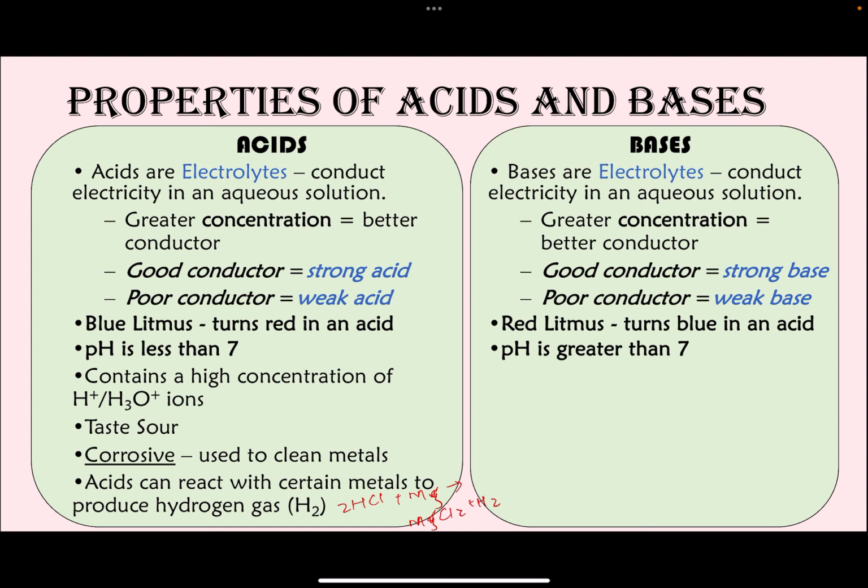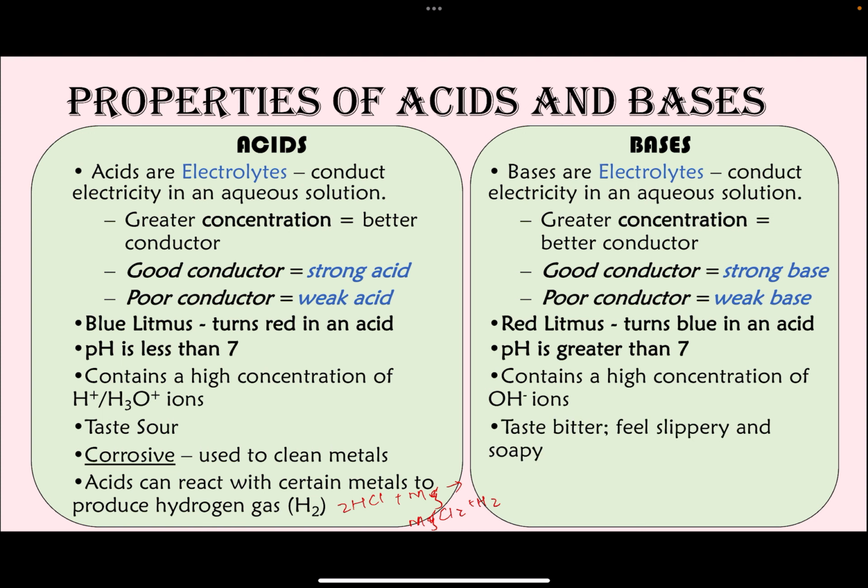Because the pH is greater than 7, they have very low concentrations of hydronium and instead they have high concentrations of hydroxide. Bases taste bitter and feel slippery or soapy, and bases are very caustic, meaning they can dissolve the skin.